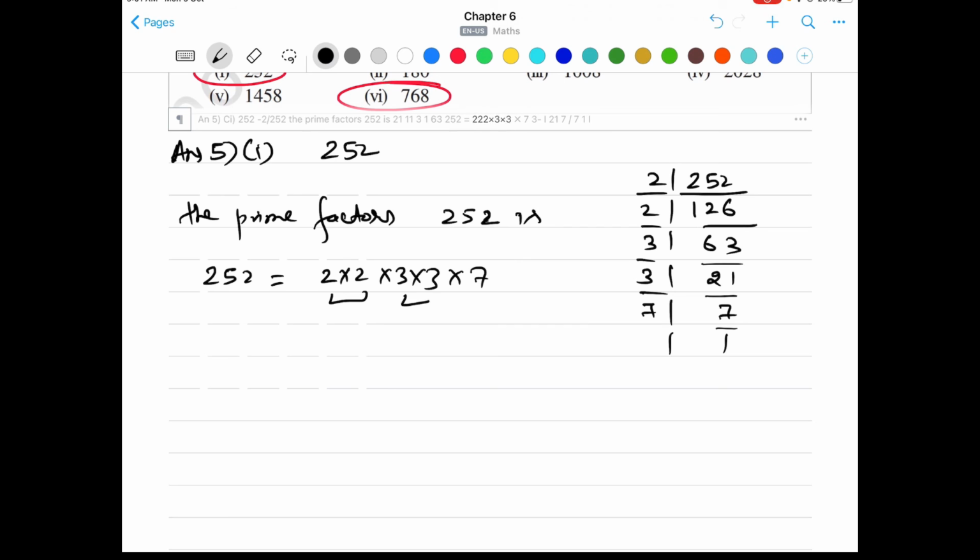Now you can see we are getting one pair of 2 and one pair of 3, but we are not getting a pair of the number 7.